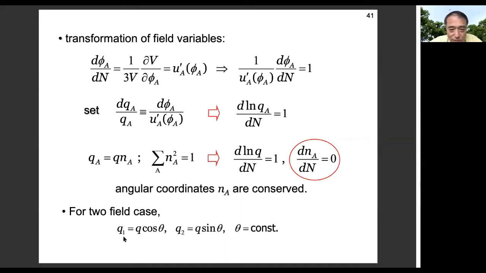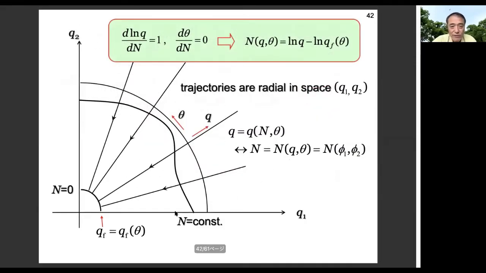So for example, in the two-field case, you can decompose the scalar field into two components, one being the radial decomposition. So q1 is q cosine theta, q2 is q sine theta. Then the equation of motion implies that theta will be a constant. So this will be the trajectory you would have.